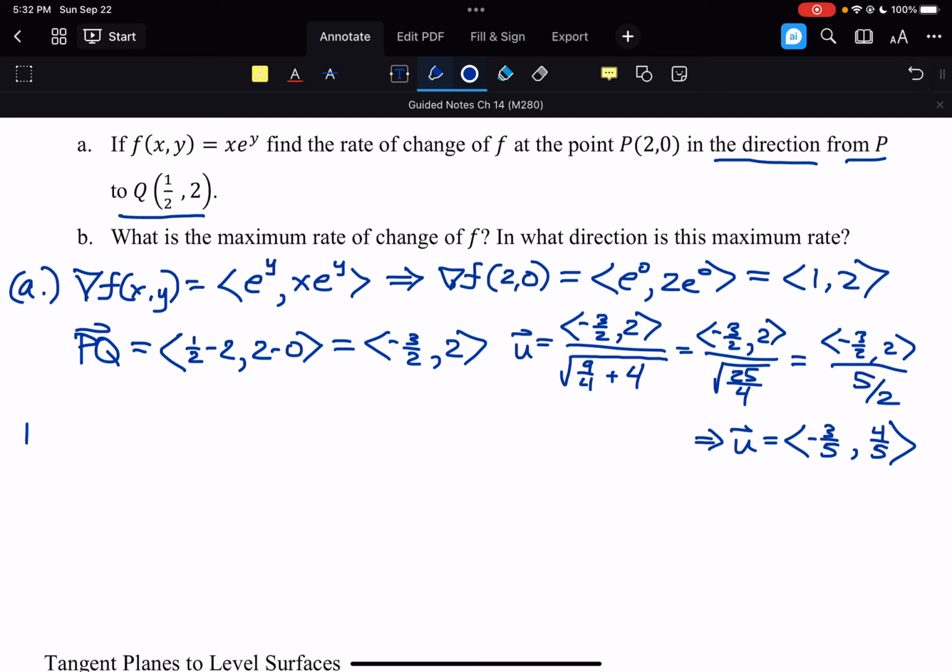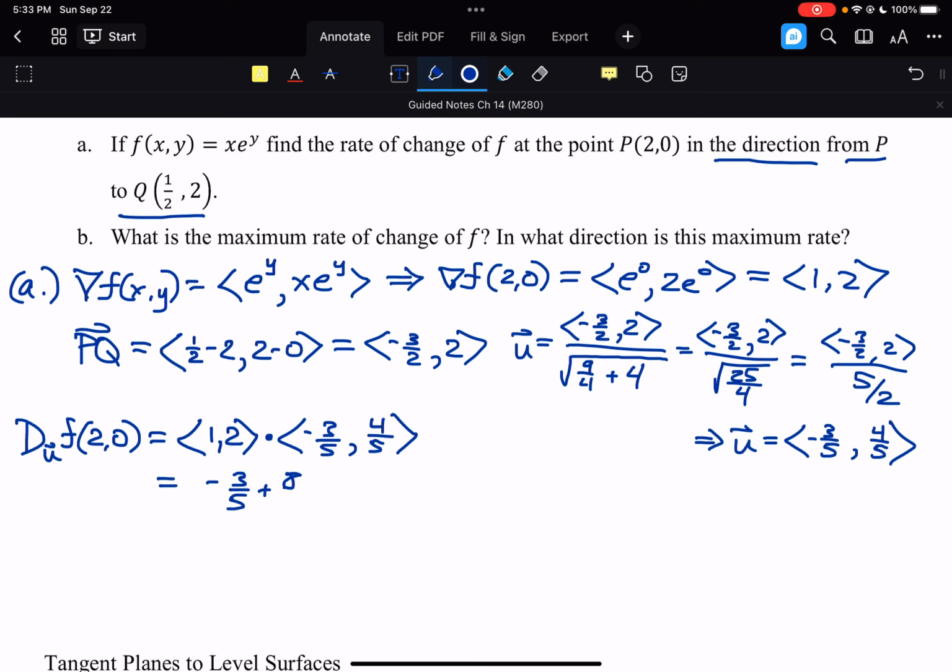So, the directional derivative of f at the point 2, 0 is grad f dotted with u. So we get negative 3/5 plus 8/5, combine is 5/5 or just 1.